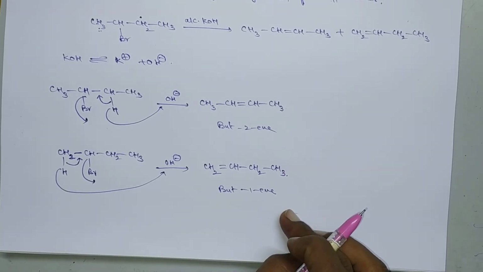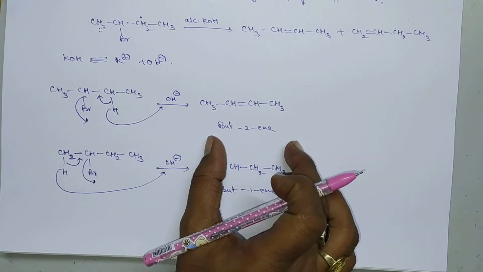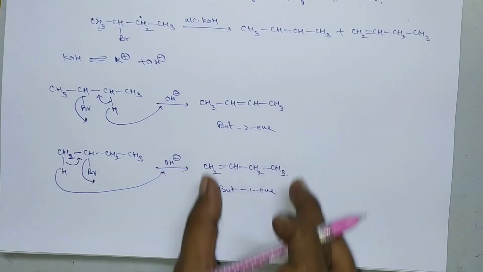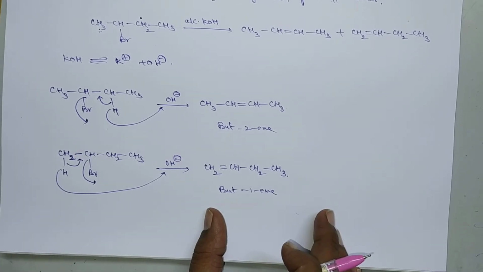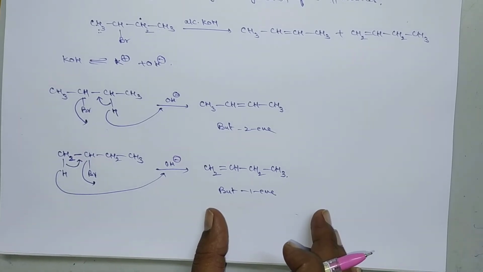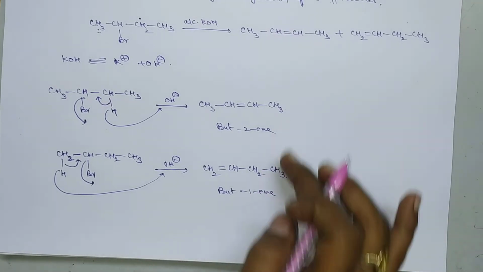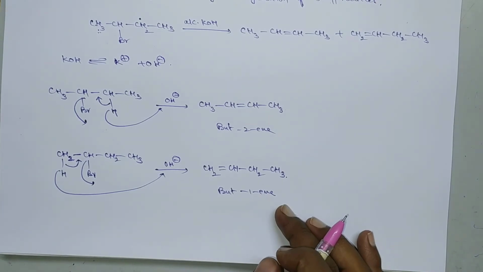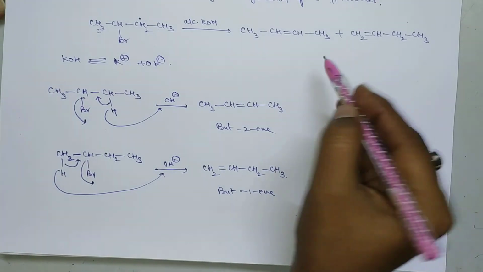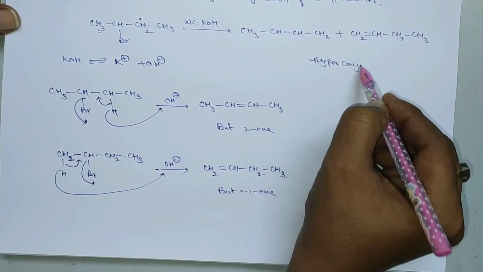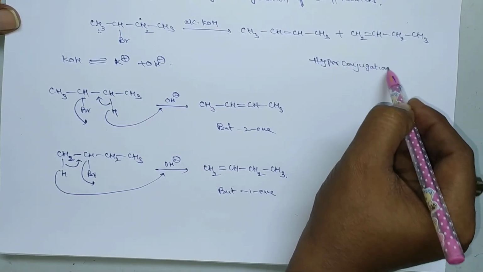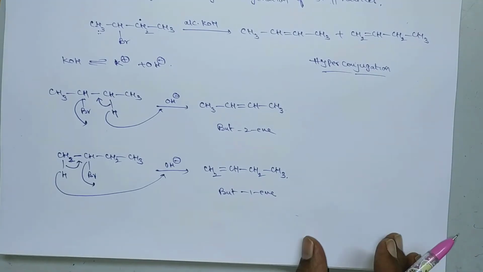The highly stabilized product will be the major product. The reaction always proceeds through the formation of a stable product. So between these two, which one is the most stable product? Let us check by taking hyperconjugation, which is one of the electronic effects.